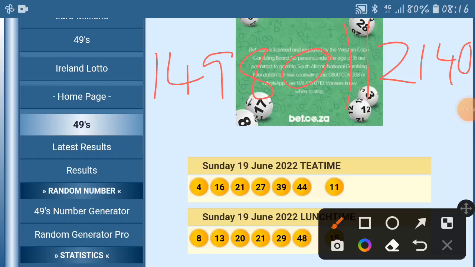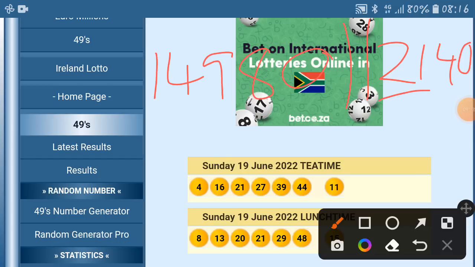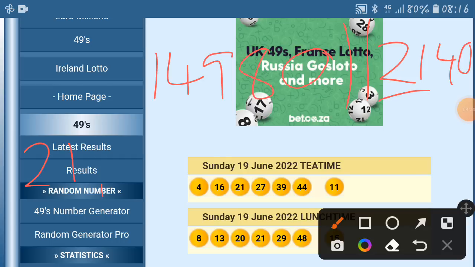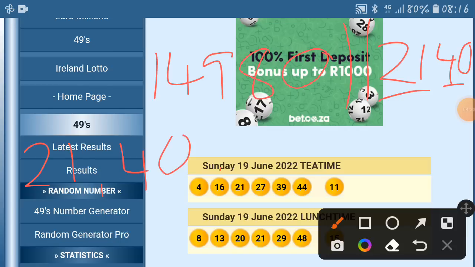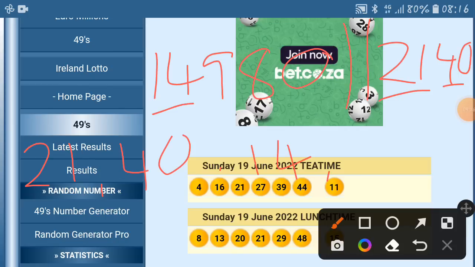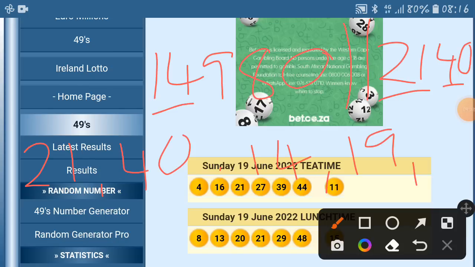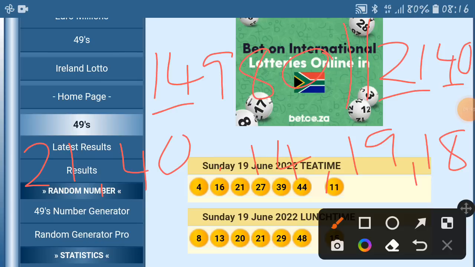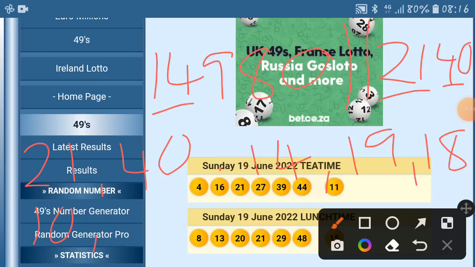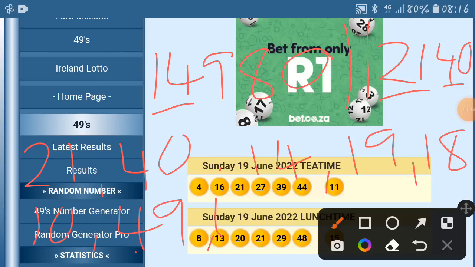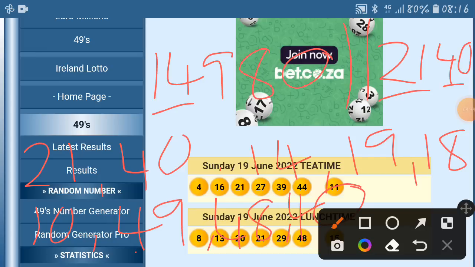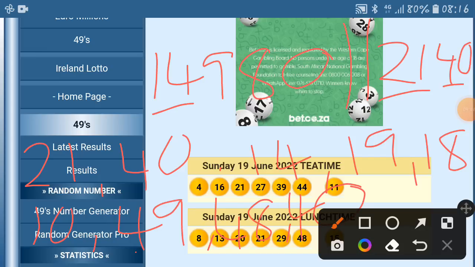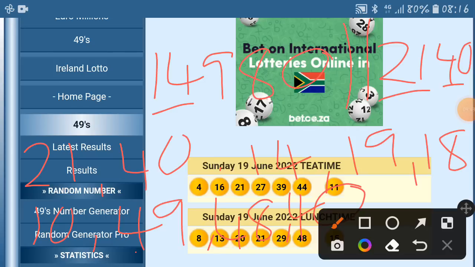So the first thing you do is you take 21 as your first number, then you take 40 as your second number as well. So now you've got 14, you've got 19, you've got 18. You've got 10, you've got 49, you've got 48, you've got 40. That's how the numbers are rolling. Those are the numbers that you can say I have.